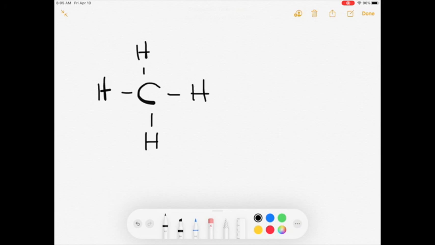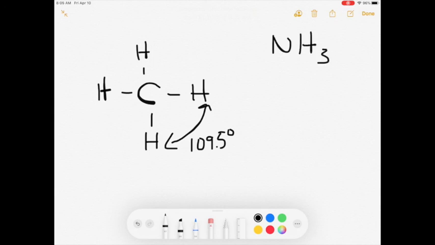The bond angle between the hydrogen atoms is 109.5 degrees. And then we have NH3, which would be an example of our trigonal pyramidal. So we have 3 bonding, 1 lone pair.